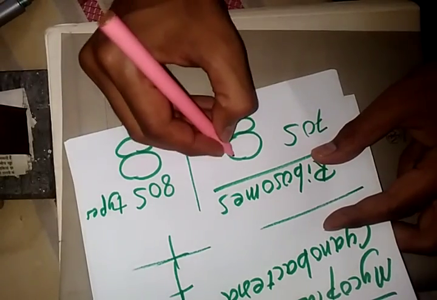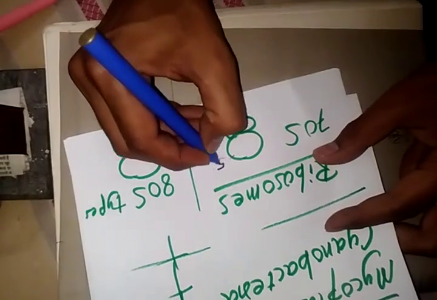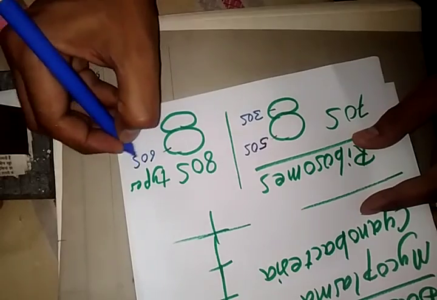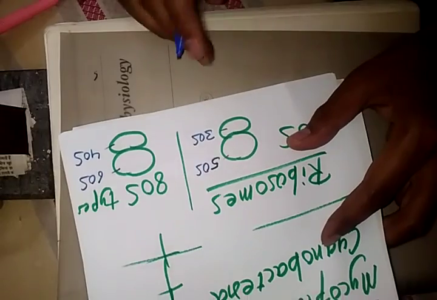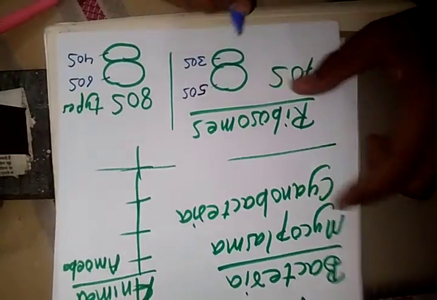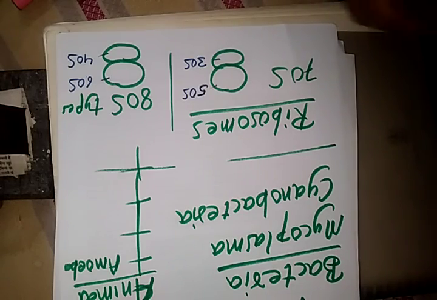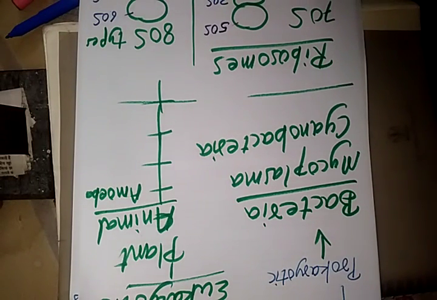In 70S, the subunits are 50S and 30S, while in 80S they are 60S and 40S. S is for Svedberg unit. So Svedberg unit will be explained later. Now we close the chapter of cell structure, and now we will study about cell organelles, DNA, etc.